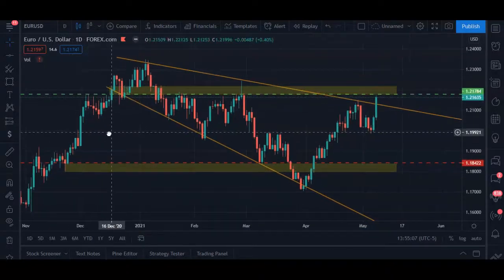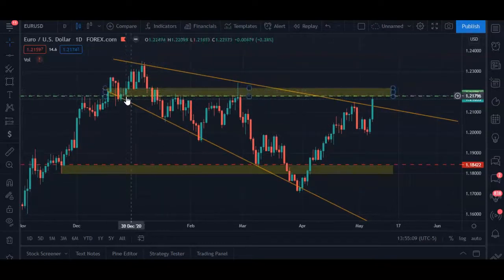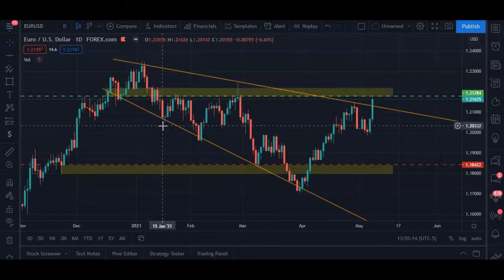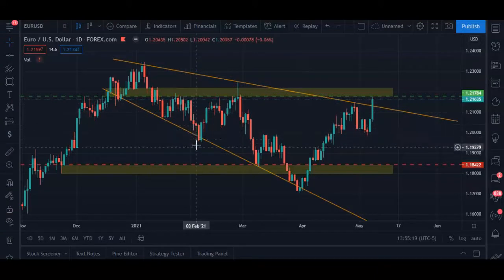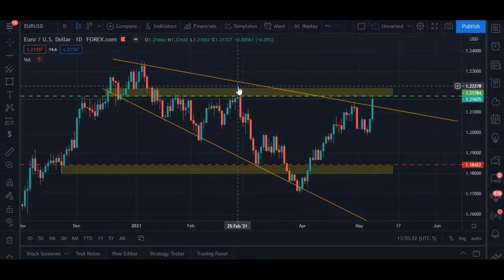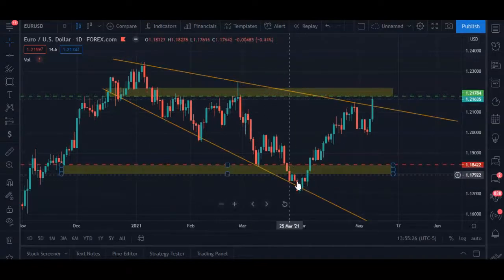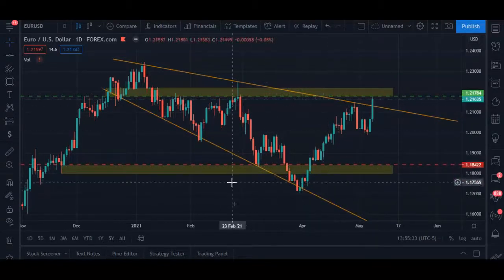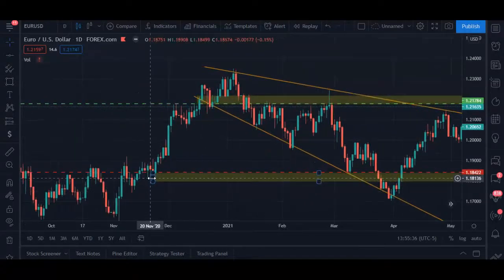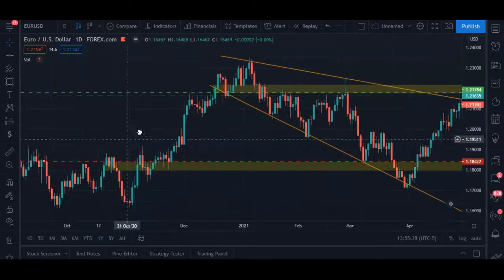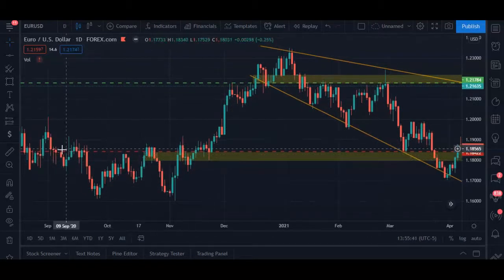Then, of course, like I was saying, this line right here is an important area. It hits up here, but it hit it here again, fell, hit around this area again, fell down, went up, hit around this area again, finally fell down. And this area right here, it touched this area around here, and then it bounced up, did this area again. If you look all the way out, this area right here has been important.